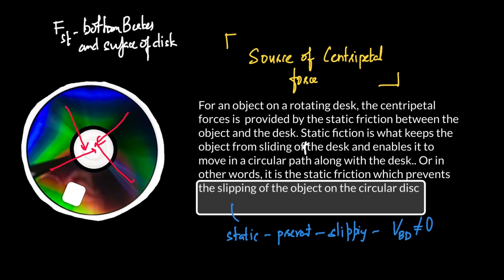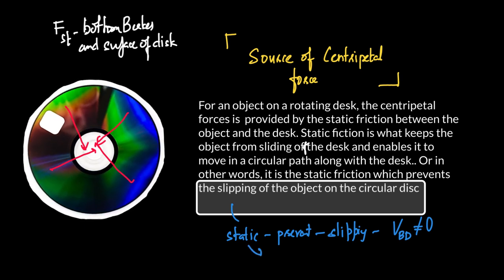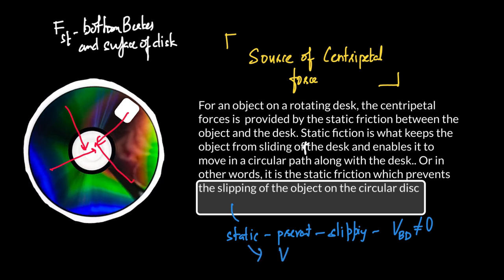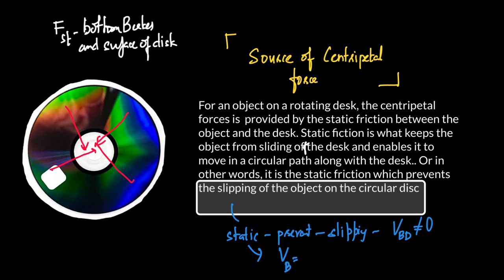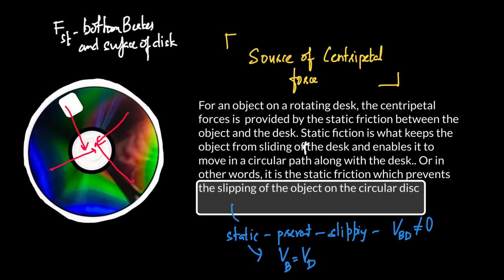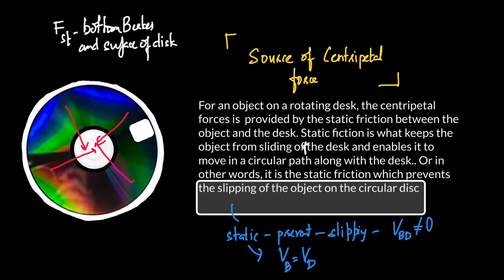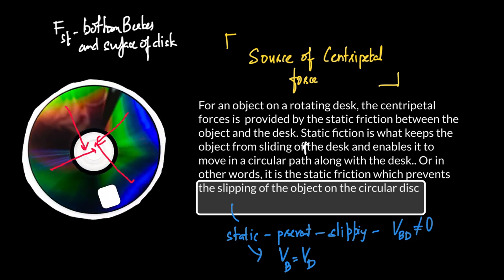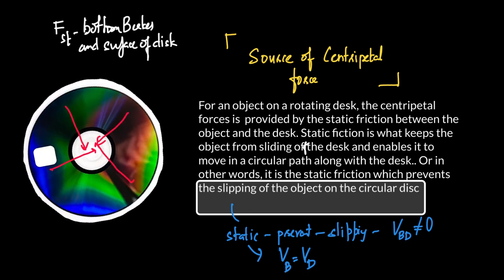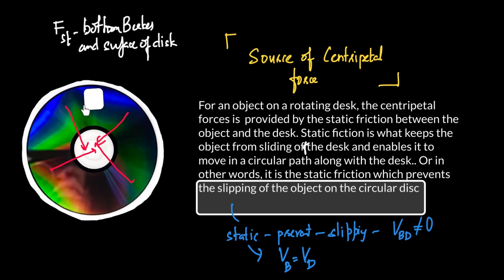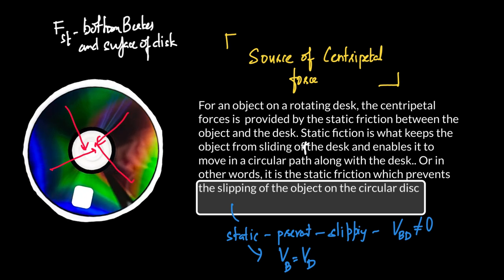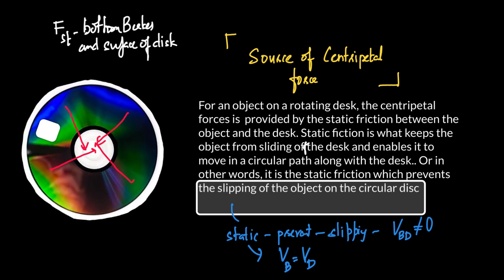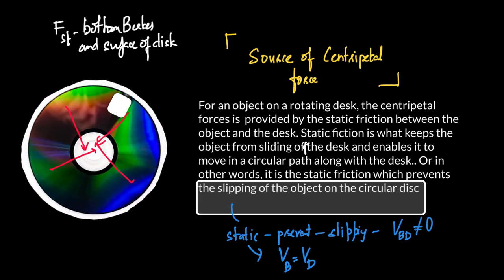So if that is prevented by static friction, it means that static friction tends to make the velocity of beaker the same as velocity of the disc. Okay, and when the velocity of beaker is the same as velocity of disc, what will happen? The beaker will move along the disc simultaneously.